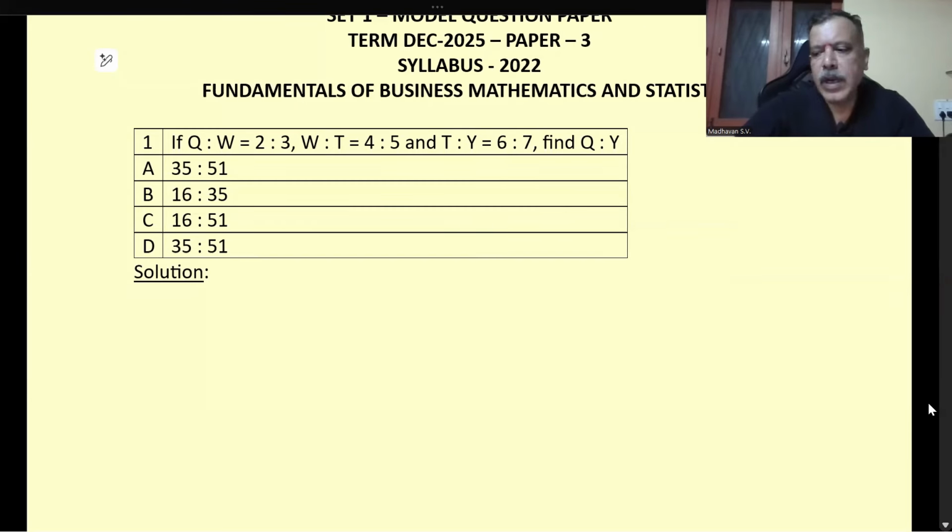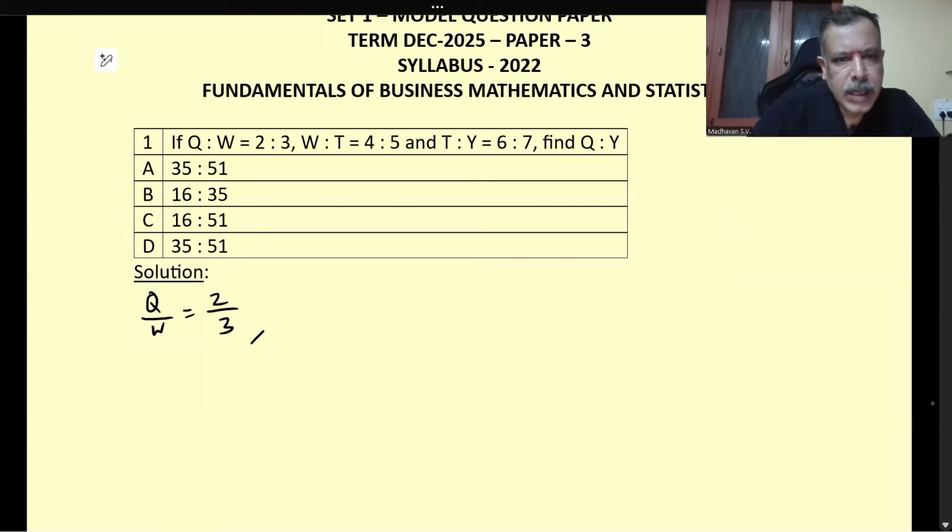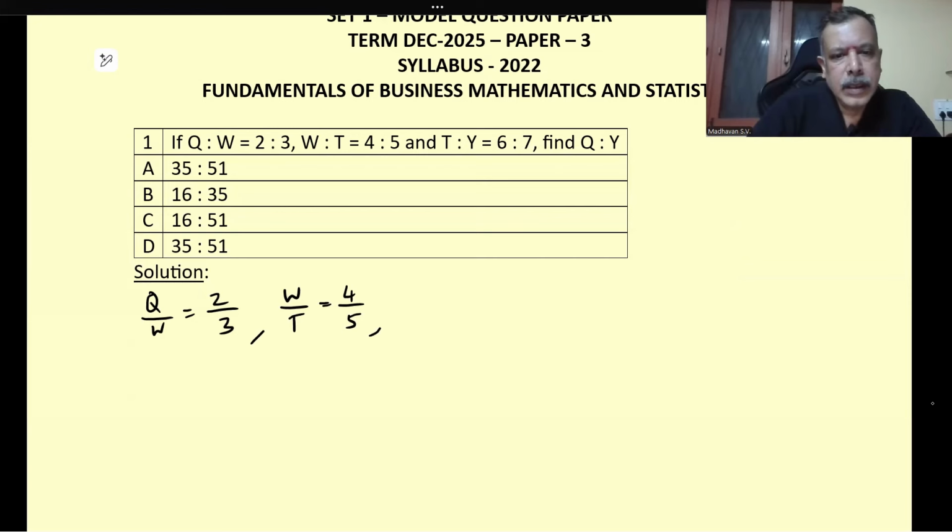So first of all, whatever is given, like Q is to W, we can rewrite this as Q by W is 2 by 3, and then W by T equal to 4 by 5, and then T by Y equal to 6 by 7.